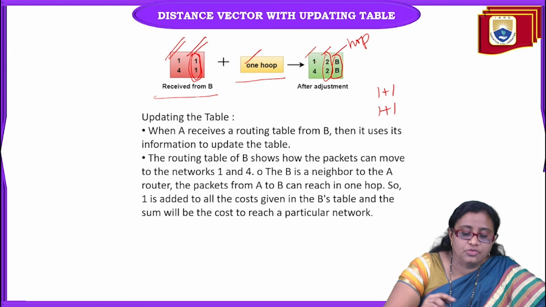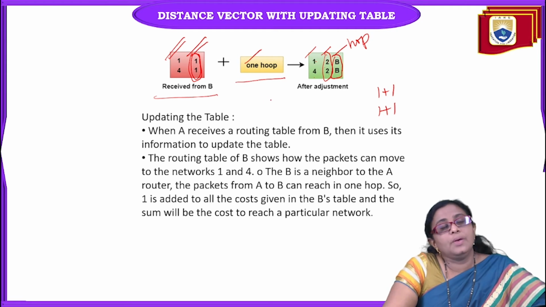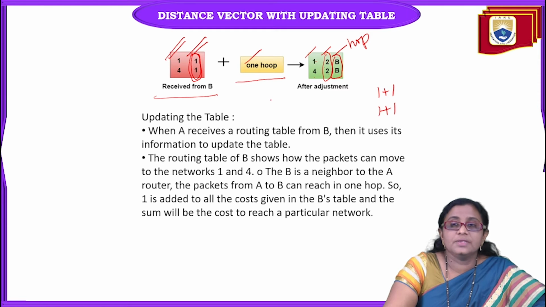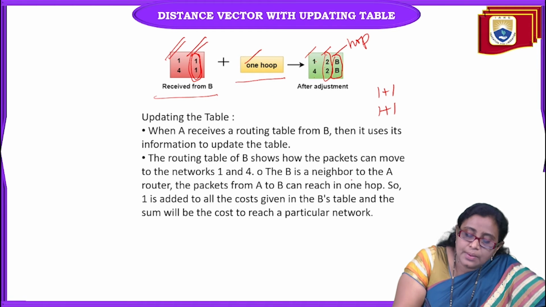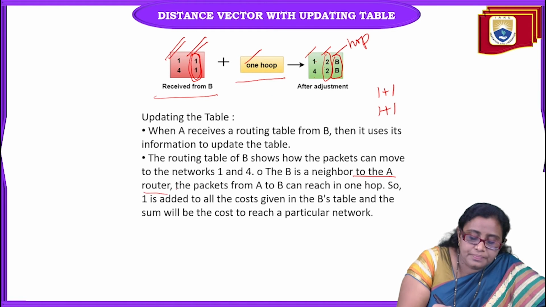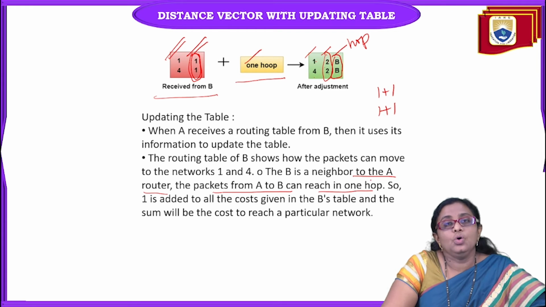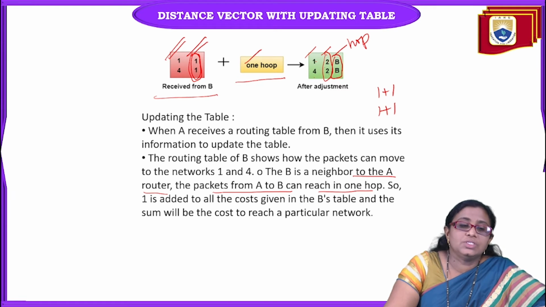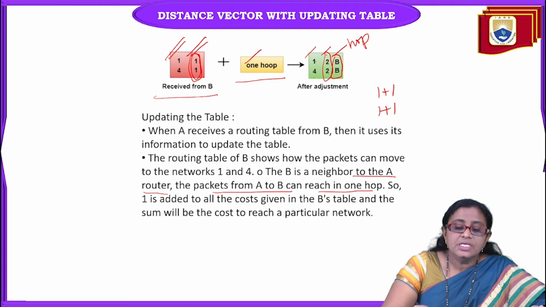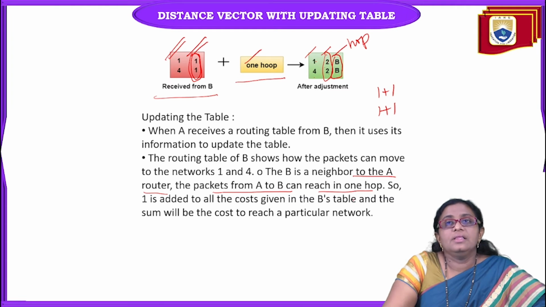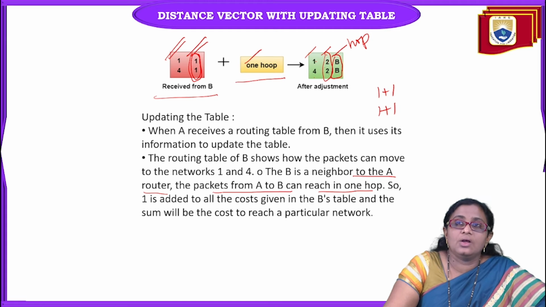The routing table of B shows how packets can move to networks 1 and 4, and B is a neighbor of router A. The packets from A to B can reach in one hop, so 1 is added to all the costs given in B's table, and the sum will be the cost to reach a particular network. This is the example of a distance vector routing algorithm with an updating table.